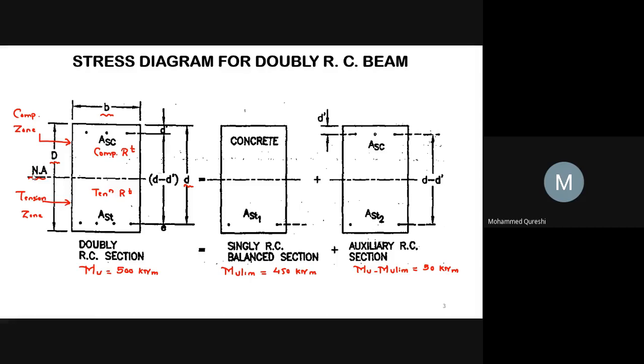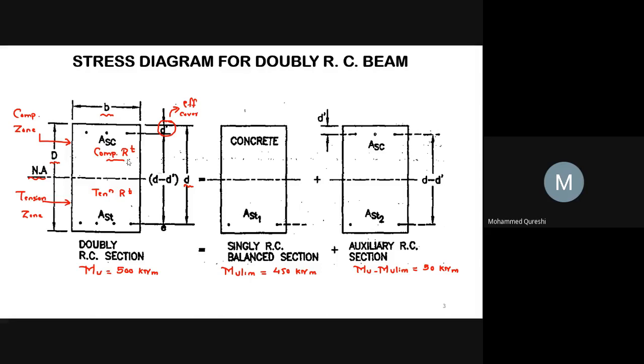Just remember one thing, that one new parameter is added in WRC beam, that is d dash. What is d dash? d dash is nothing but the effective cover to compression steel or compression reinforcement.